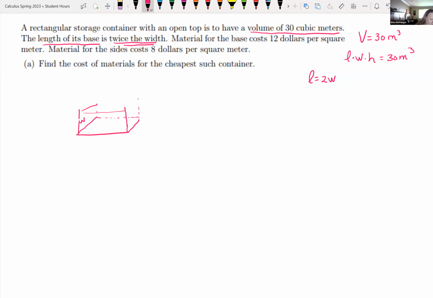Okay. So this length in here, again, I know is 2W.